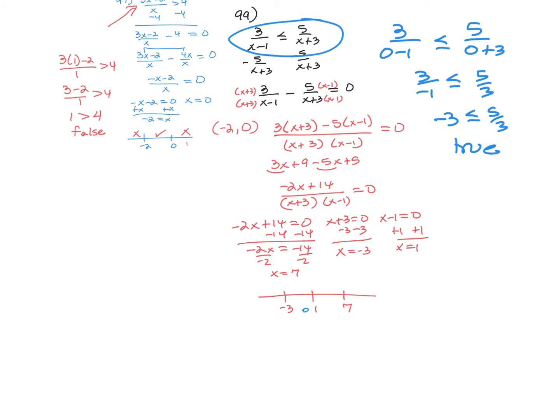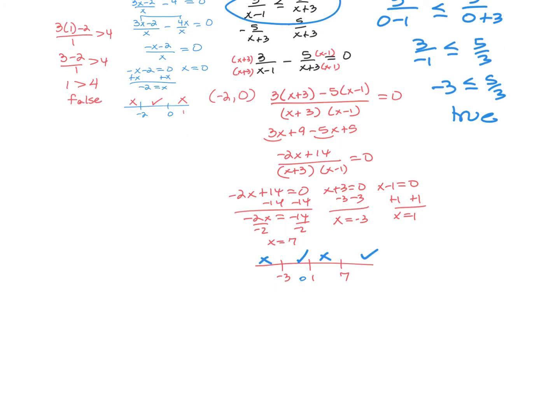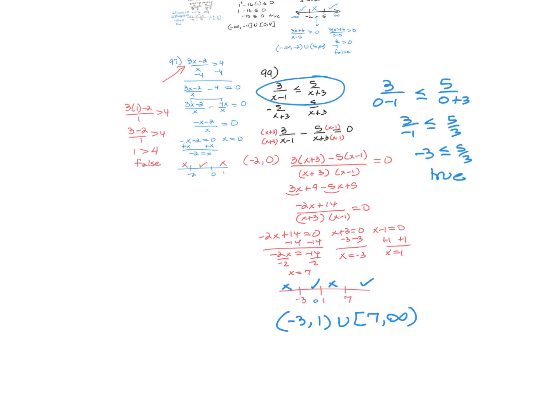So over here where the 0 is located gets a check. X, X, check. Let's go ahead and turn this into interval notation. So remember, any of the numbers that come from the denominator, they're always going to get parentheses. And then the 7, though it came from the numerator, it'll get a bracket going to infinity. Okay, so let's go on to the next page.